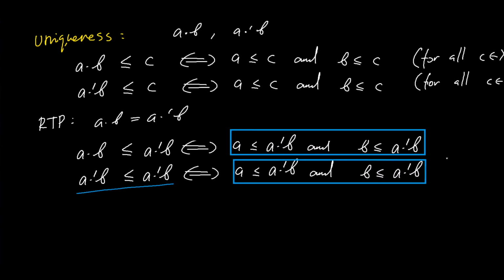And what I see here is, of course, something I would wish for, because if I can prove that A dot B is less or equal to A dot prime B, and I can also prove the opposite, then by anti-symmetry, I will get that A dot B equals A dot prime B, right? So this one is looking good, right? What do we do next?